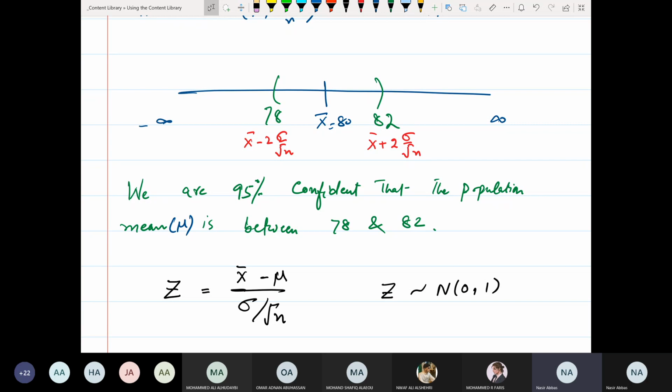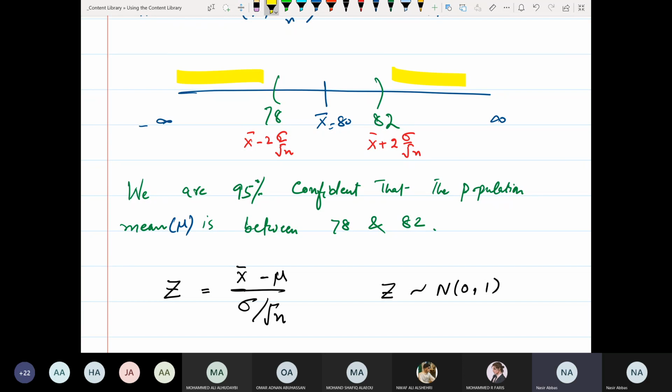When you are making two-sided confidence intervals, you have an interval between one value and another. So mu can be anywhere inside, or outside on either side. There is a chance that mu is above 82, and a chance that mu is below 78. In both cases, you will be making an error.